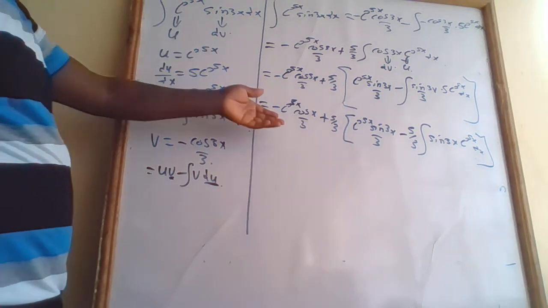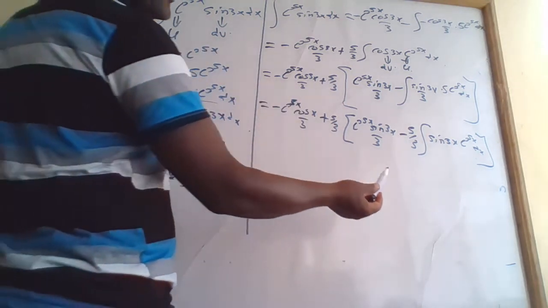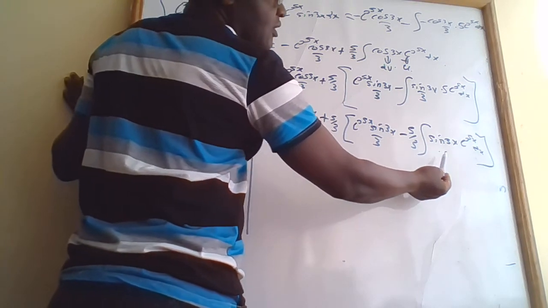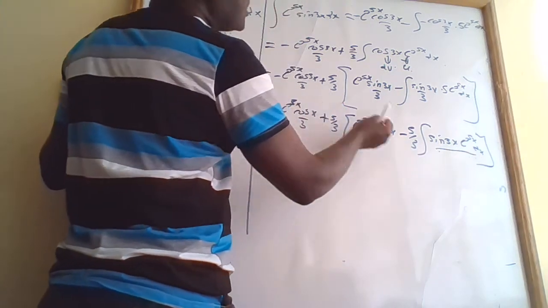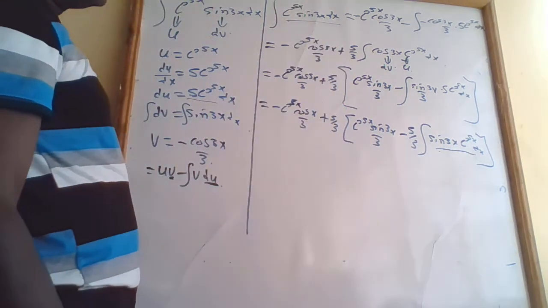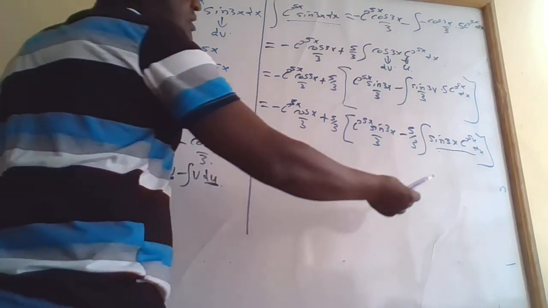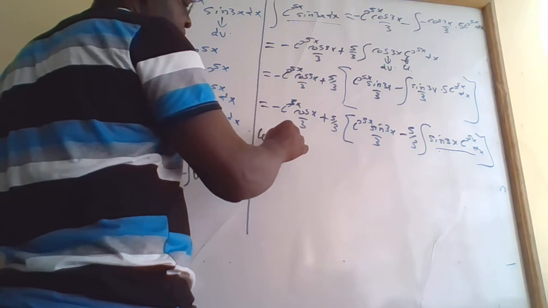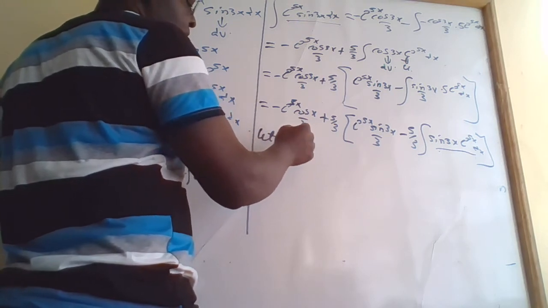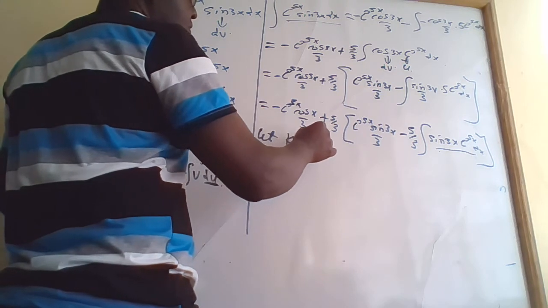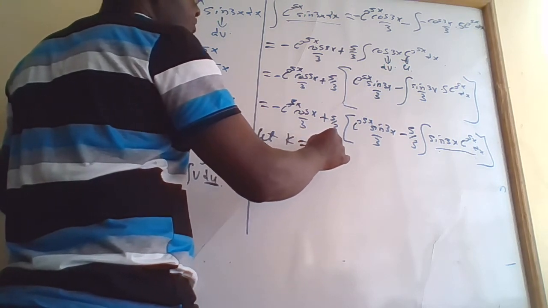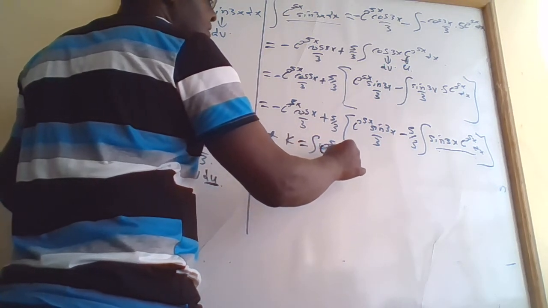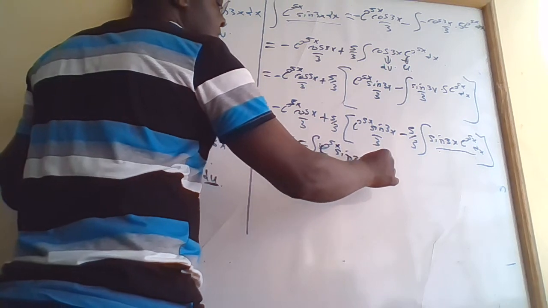Again, you realize that at this point we need to continue assigning dv and du, and you can see that we have reached where we started from, the integral of e^(5x) sine 3x, which is this one. Therefore, at that point we let k equal the integral of e^(5x) sine 3x dx.